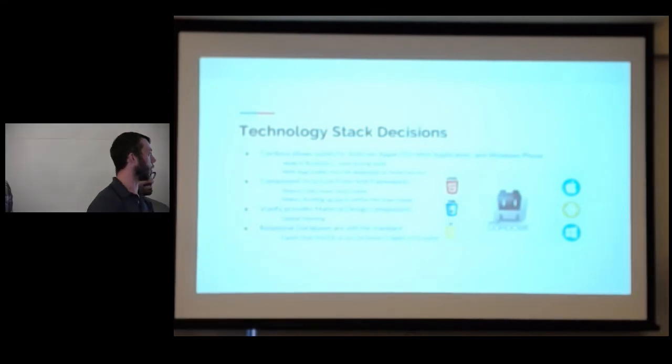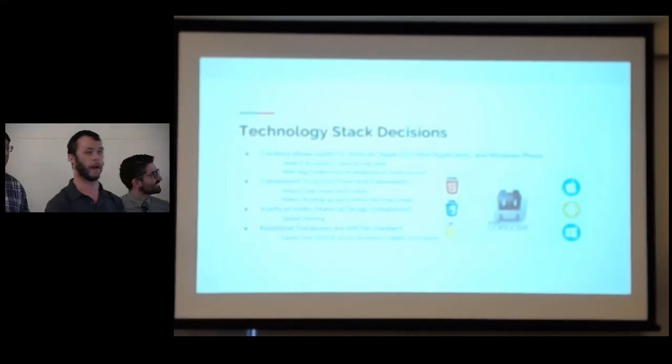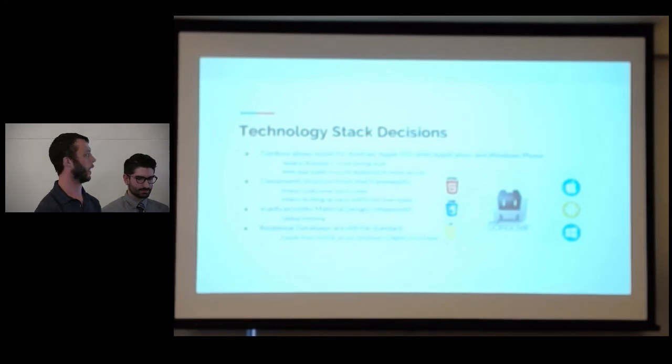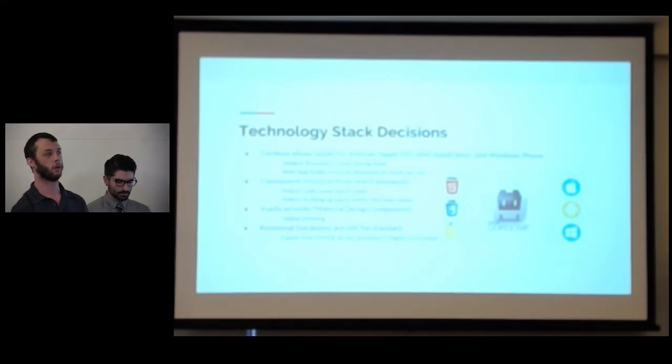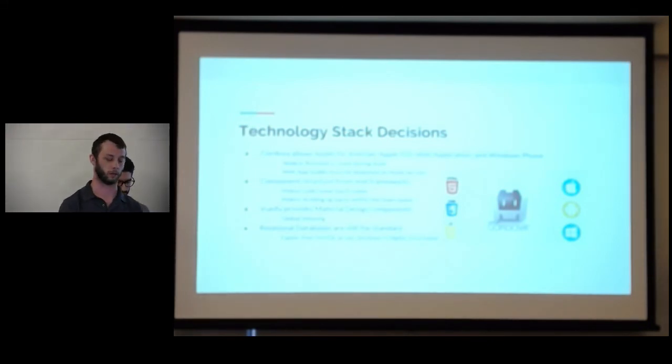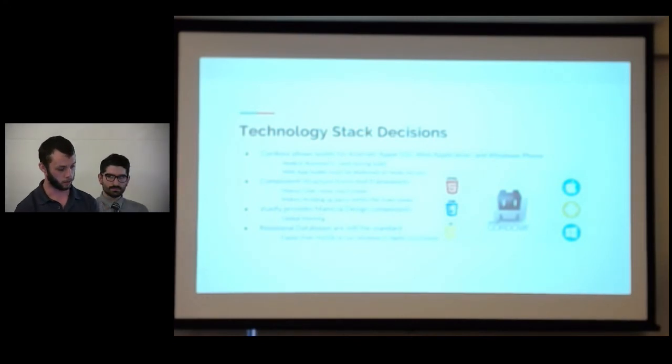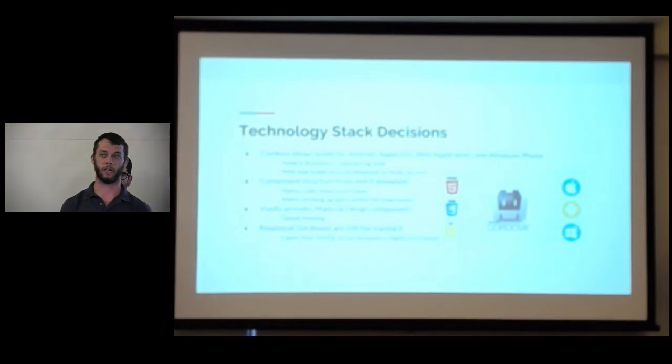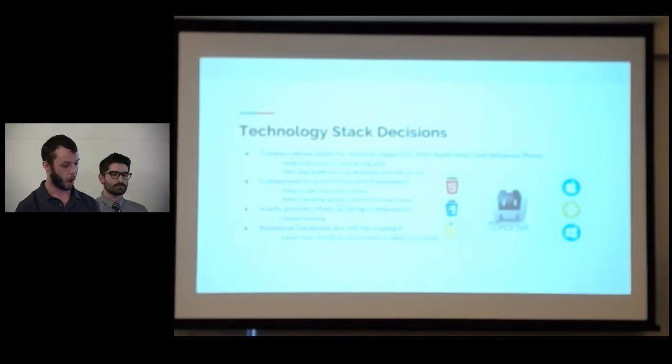So why did we use Cordova? Because it allows for Android, Apple iOS, and Windows Phone applications to be maintained under a single code base. It takes a static web app and is able to build it into near native app performance in their respective platforms. We used Vue.js for the reason of componentizing the front end and code reuse.